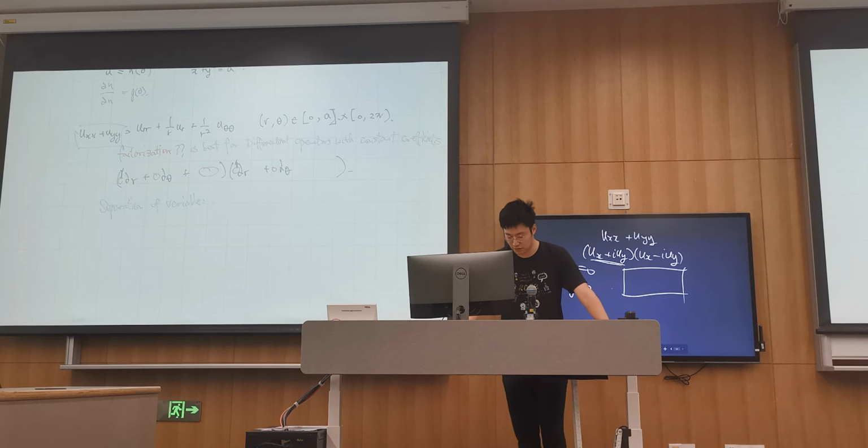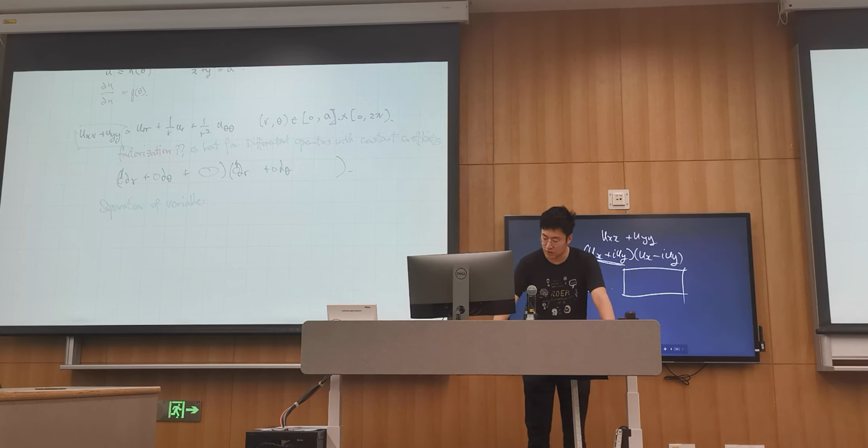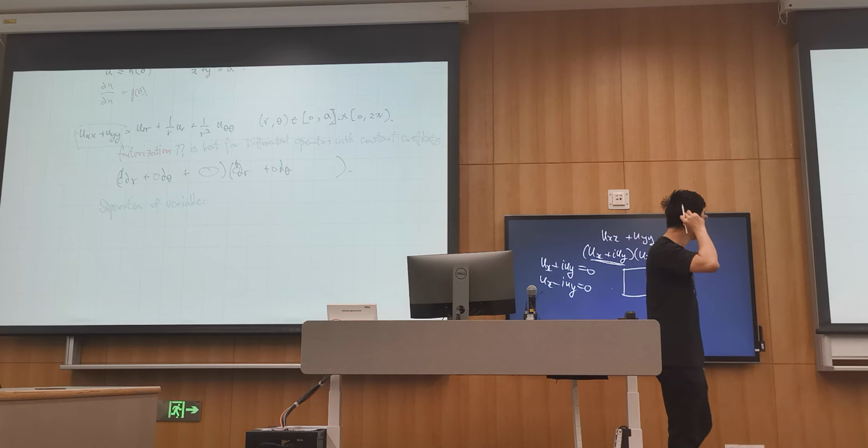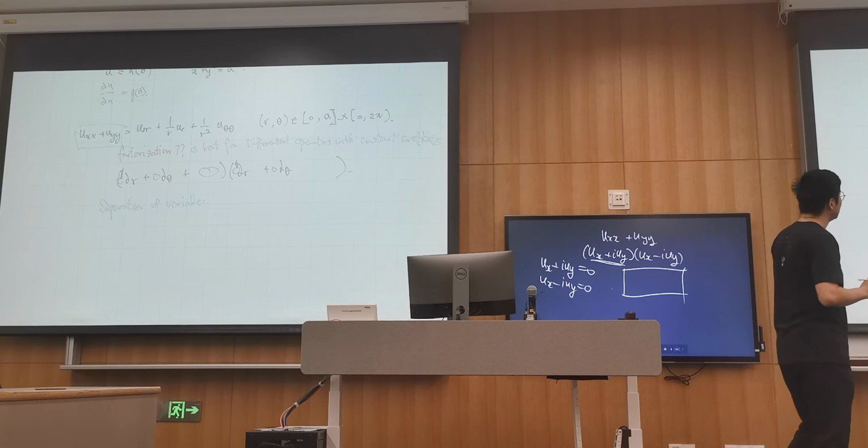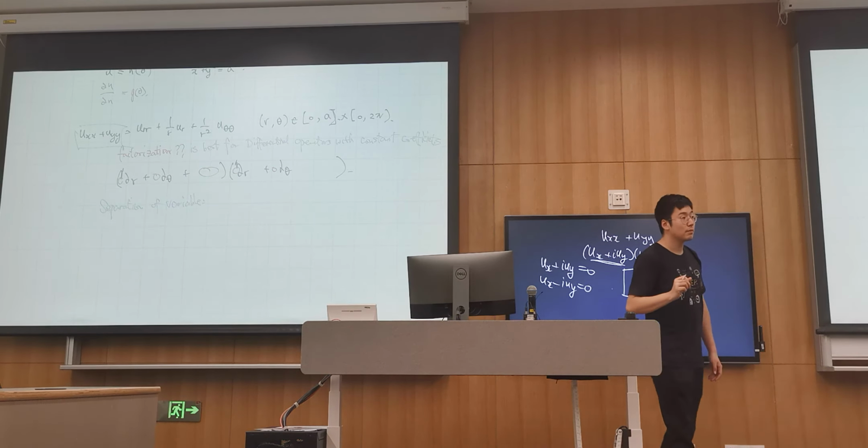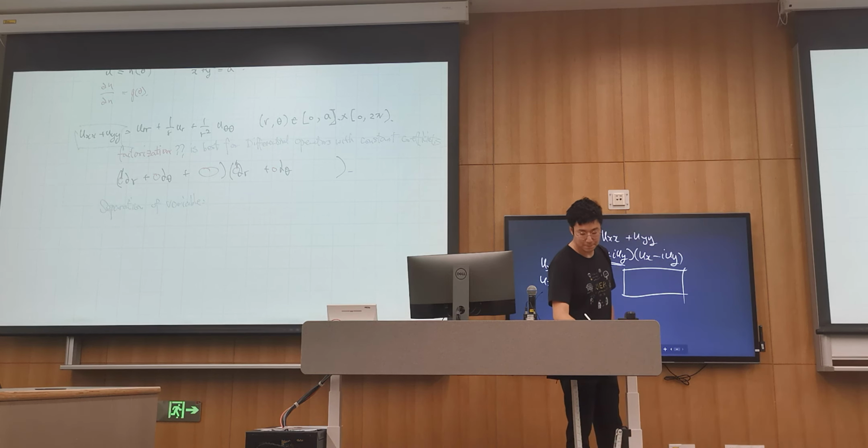Can anyone tell me how to move on? If we would like to do separation of variables, first of all, what to assume? Assuming my u(r, theta) to be what?